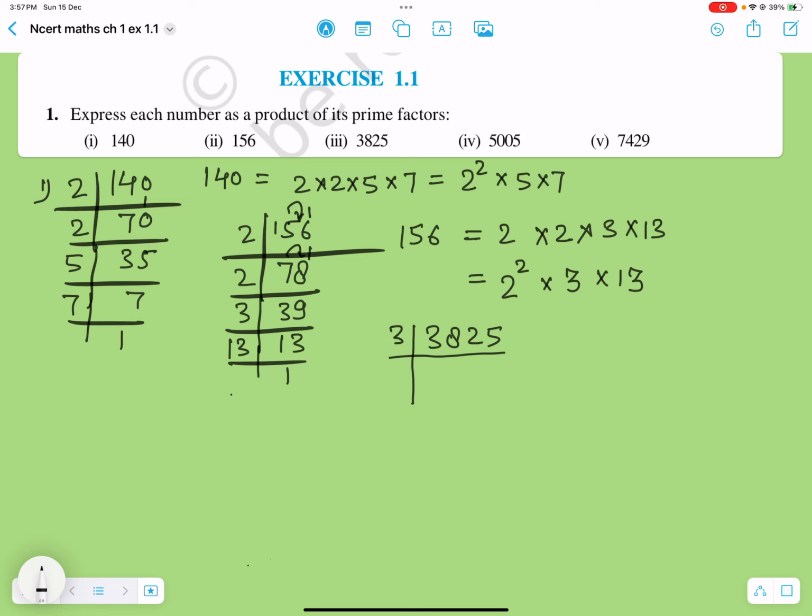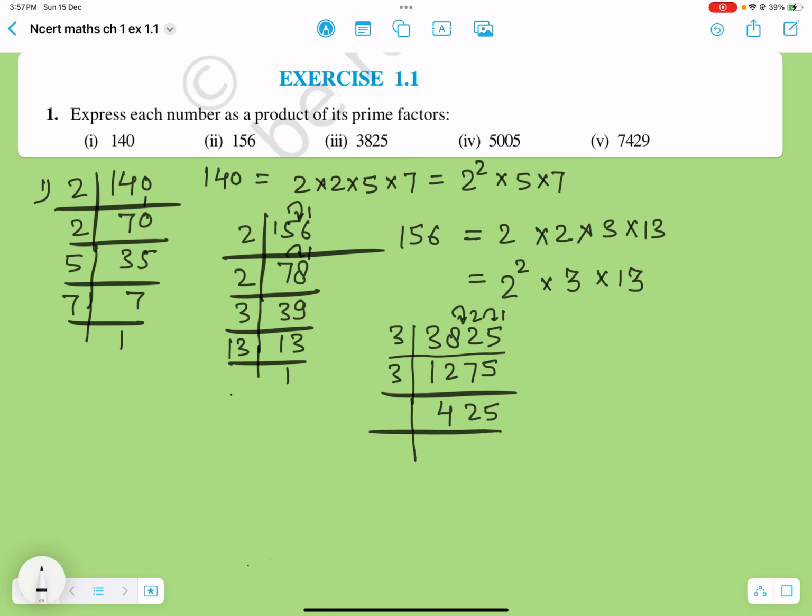So let's try 3. 3 1s are 3, 3 2s are 6, remainder 2 goes to the tens place, becomes 22. 3 7s are 21 and then remainder 1 goes to the tens place, becomes 15. 3 5s are 15. Again with 3. So 3 4s are 12, 3 2s are 6, 3 5s are 15.